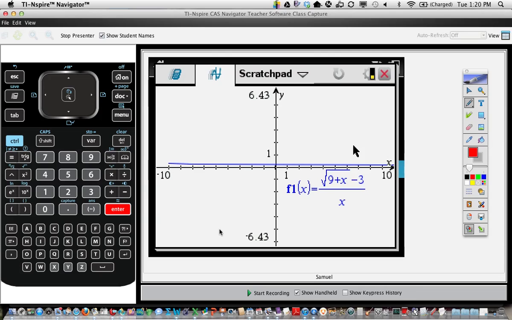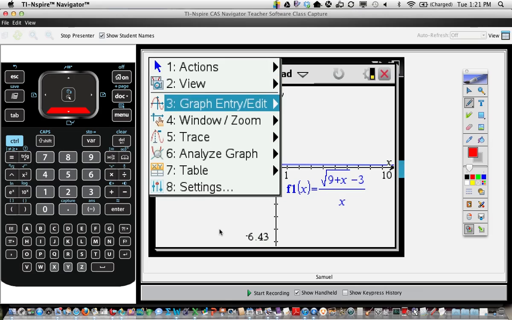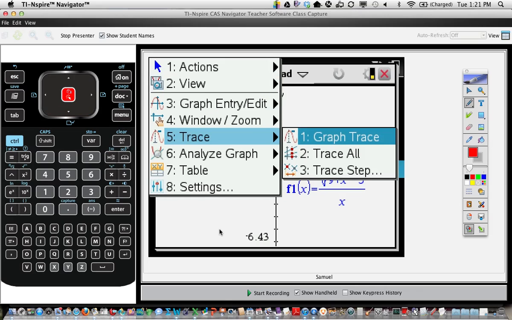We want it as this x is approaching 0, which is where on the graph when x is approaching 0? The y-axis, right? So we're interested in right there, right? When x is approaching 0, we're interested in what these outputs are, these y values, right? So we can trace. So go ahead and hit trace, and trace at 0.